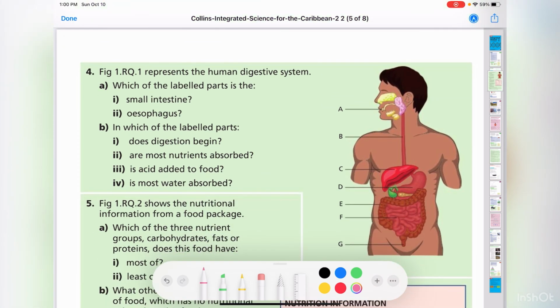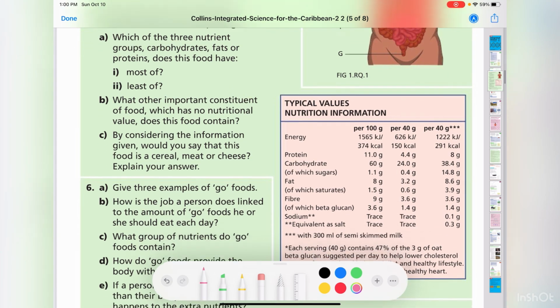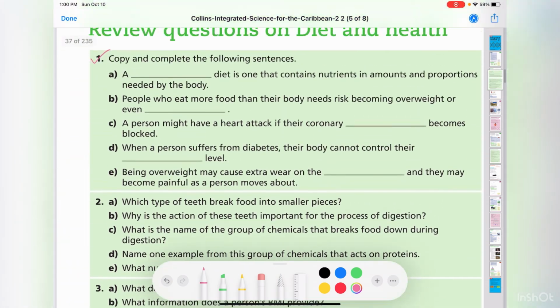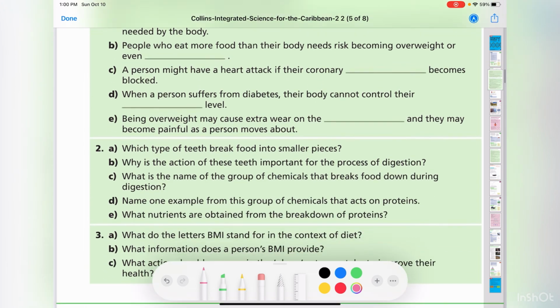You are going to do question 4. Just those two. So question 1 and question 4, you're going to work those within this session, and I will post the answers for you at the end of class today.